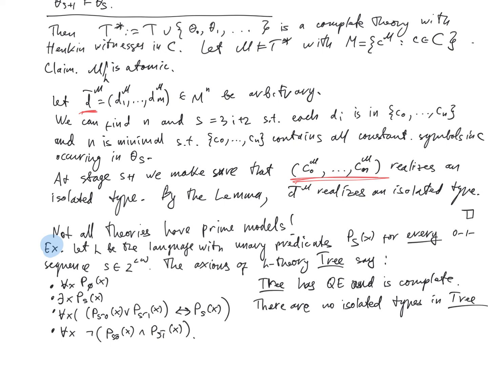We also leave verification of this as an exercise. The reason being that no matter what formula we pick without quantifiers in this language, it cannot isolate a type because we can also pick two types, one of them containing P_S0, the other one containing P_S1 for an appropriate S. But then by the theorem we just proved, if there are no isolated types, they certainly cannot be dense. So it implies that there are no prime models of this theory.